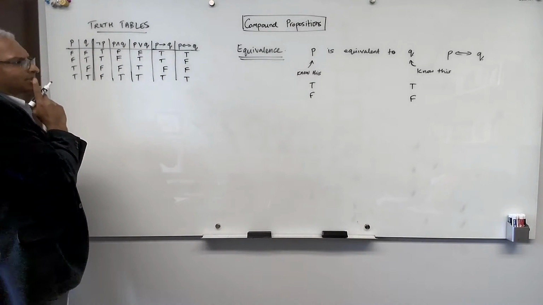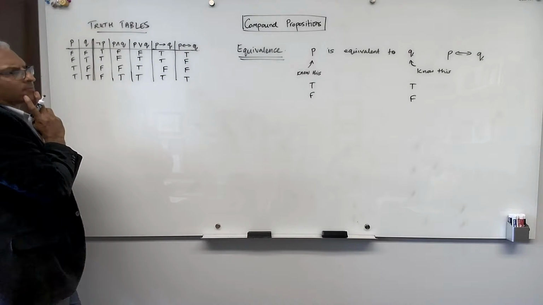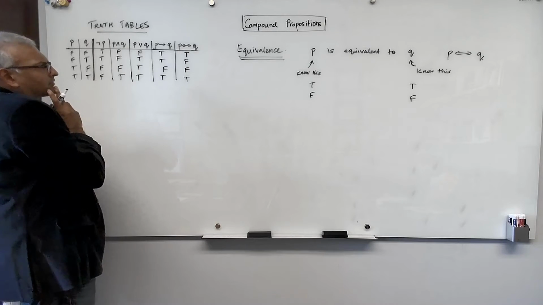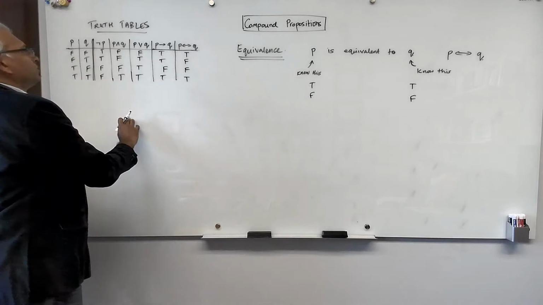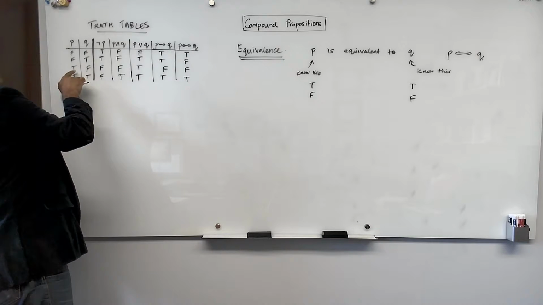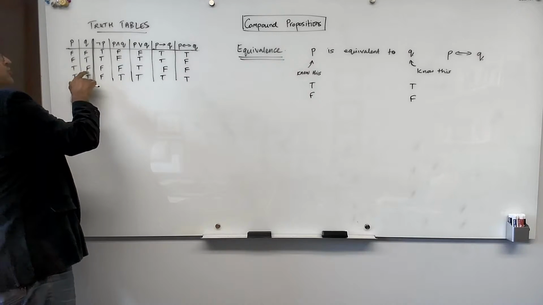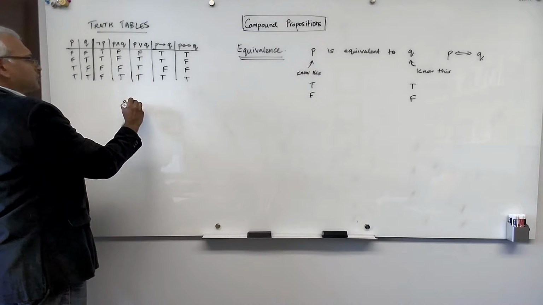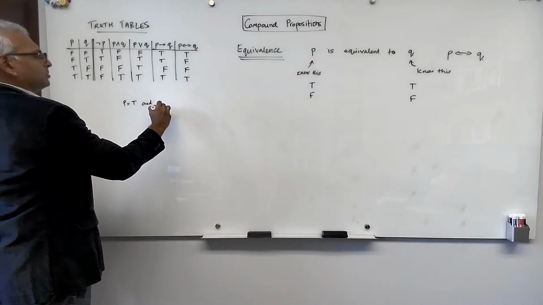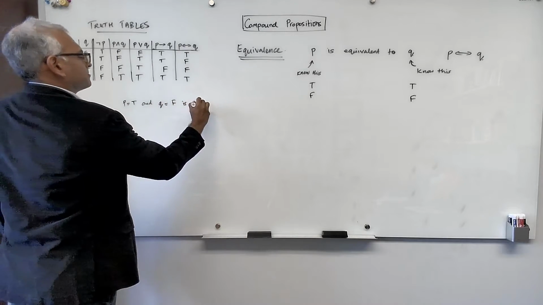Let's look at this a little more closely. For the equivalence to be true, you cannot have P being true and Q being false. True, false is not allowed.